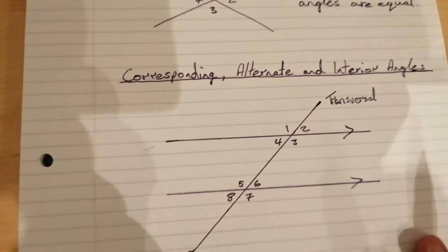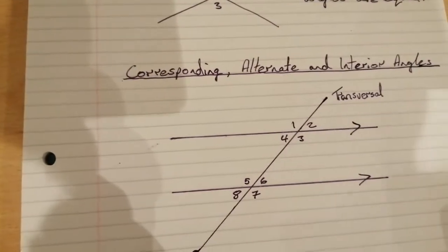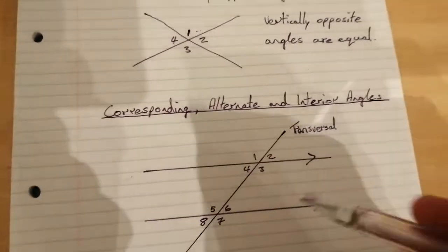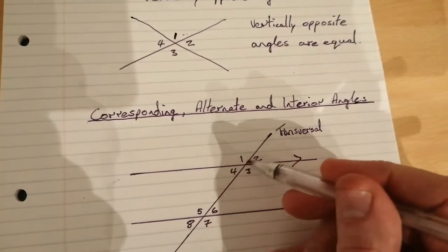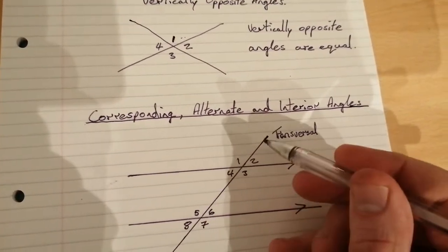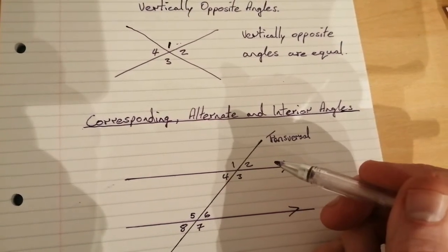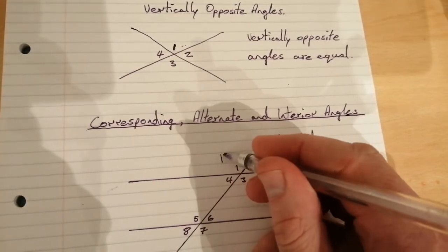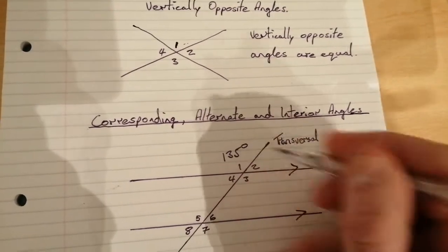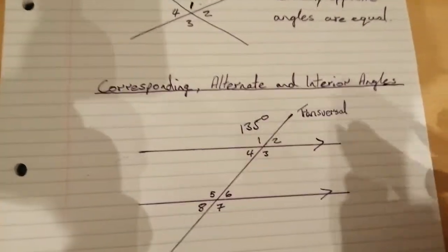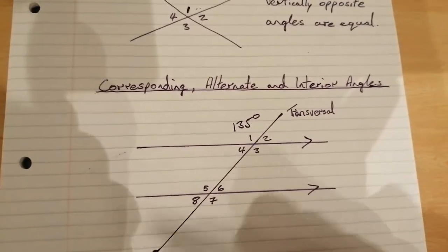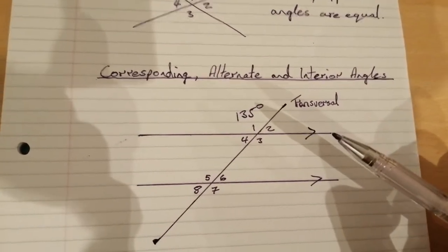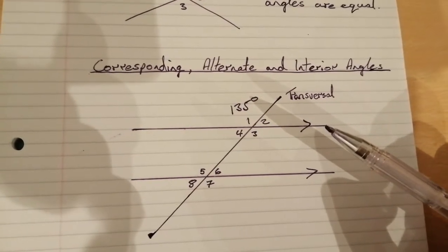Okay, so in order to make this more understandable, let's introduce some numbers. If we take it that this is an obtuse angle, and I'm going to say it's about 135 degrees, just for the sake of argument, 135 degrees there. Whenever you draw something like this with two parallels and a transversal, there is only ever two sizes of angles created.